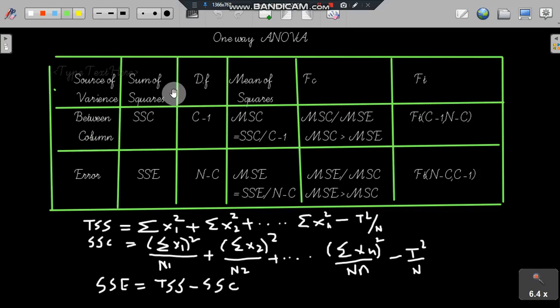Now look at the sum of squares. That's what you have to understand. What is the short form expansion?